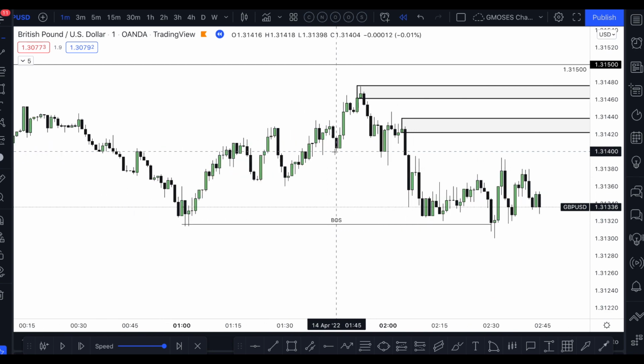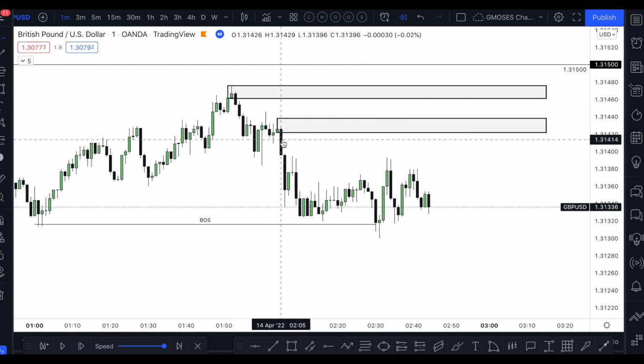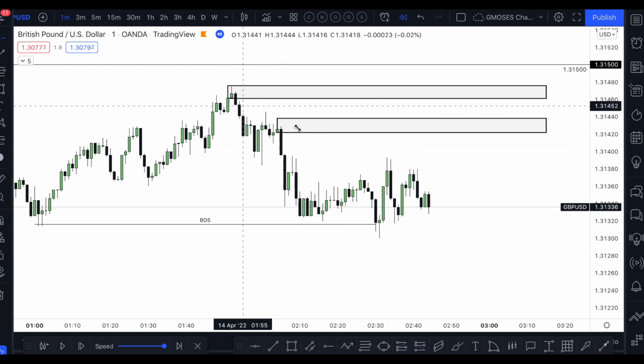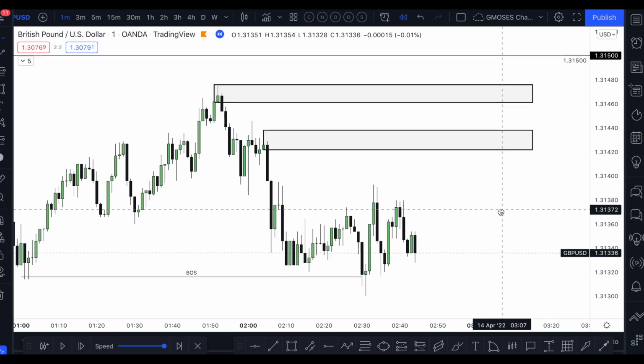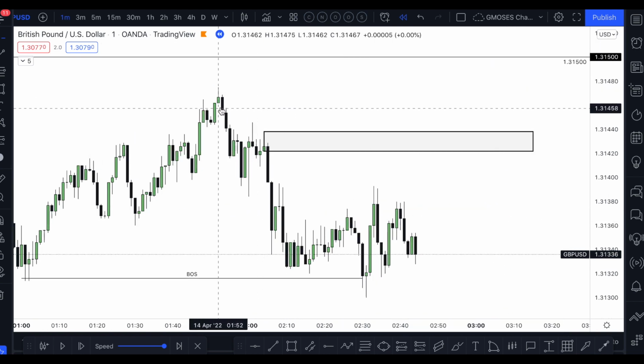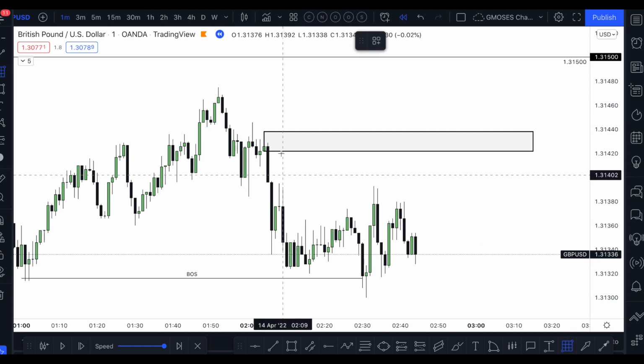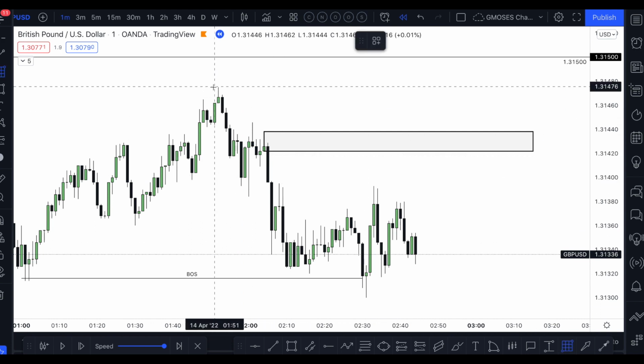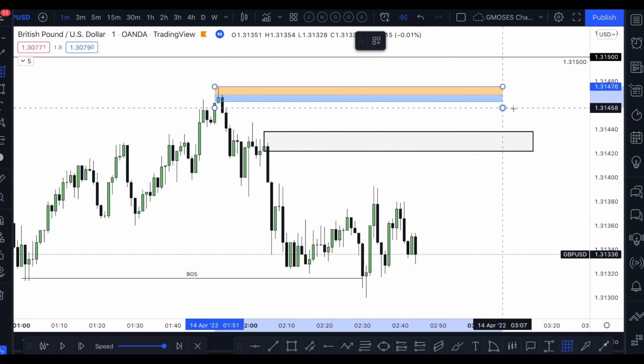So these are two good potential areas because we have supply zones and we also have inefficiencies in both of these areas. However, for me, because this area was all the way at the top, I wanted to look at this area as my main point of interest.